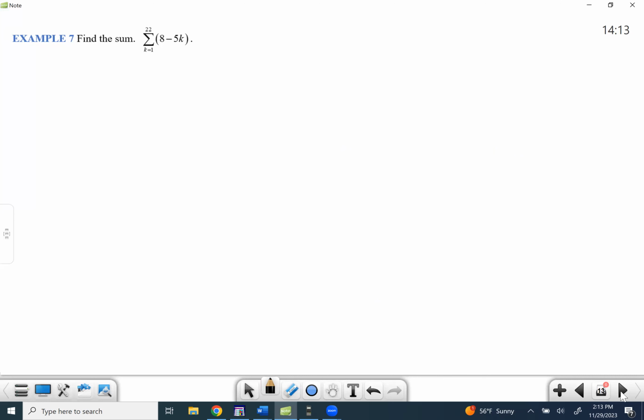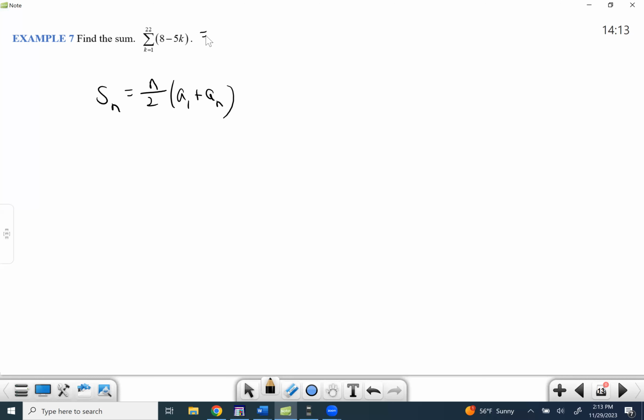Okay, so using sigma notation, can you find the sum? So the first thing that I would ask you to verify is, is this even arithmetic? Because remember, I can only use this if it is arithmetic. So you might go in and find a few terms, right?